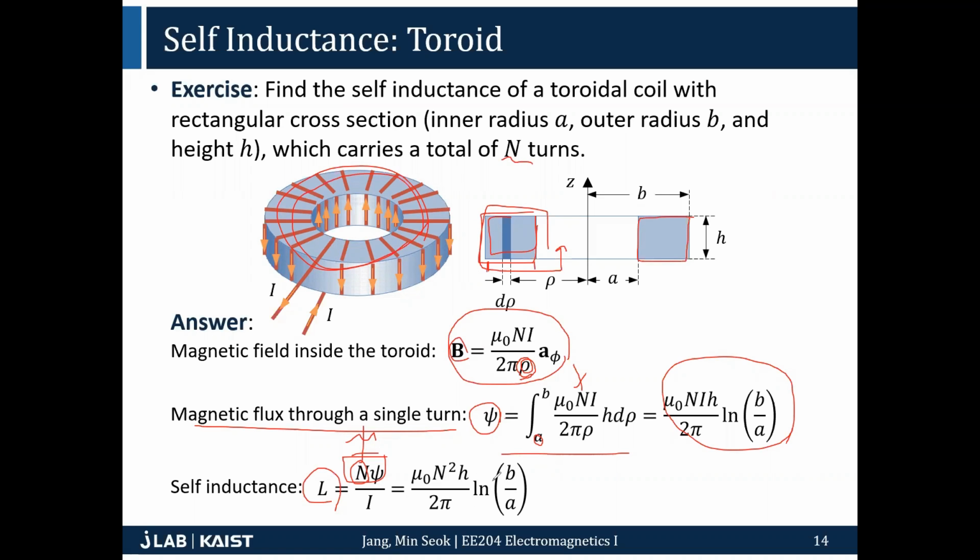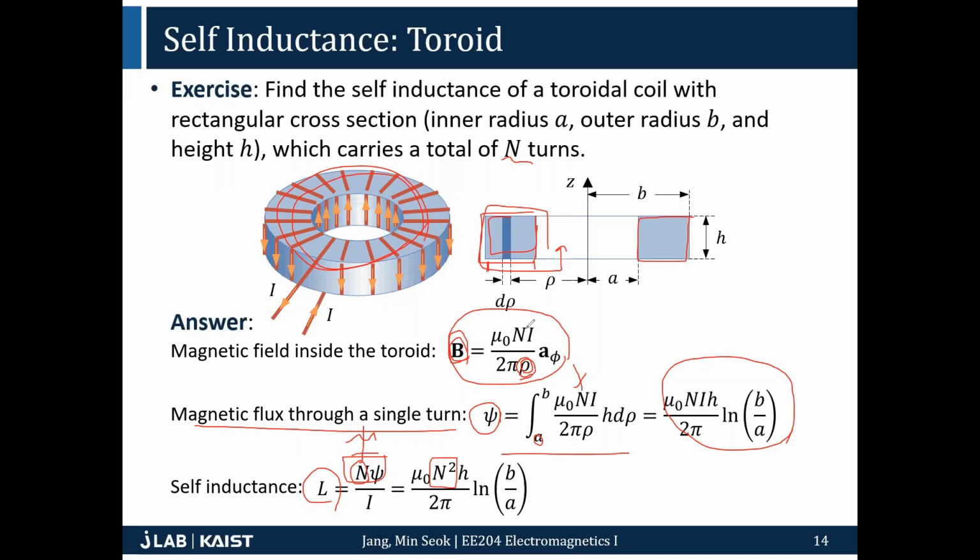One thing you should notice here is that the self-inductance is proportional to the square of n. As n increases, your B field linearly increases, right?